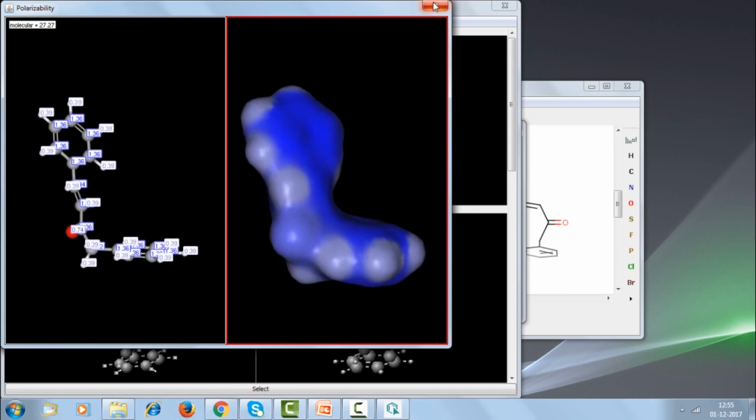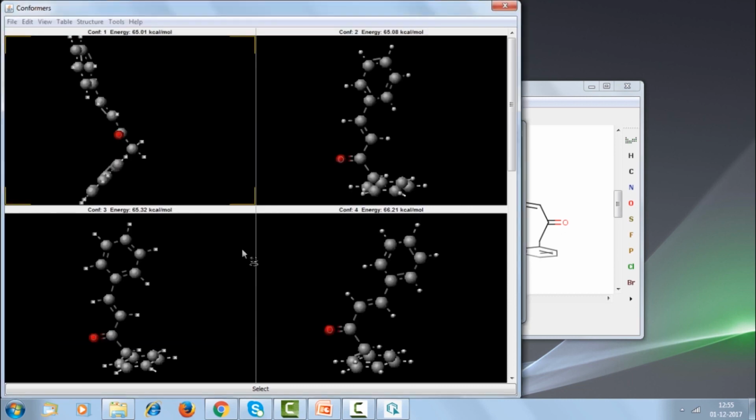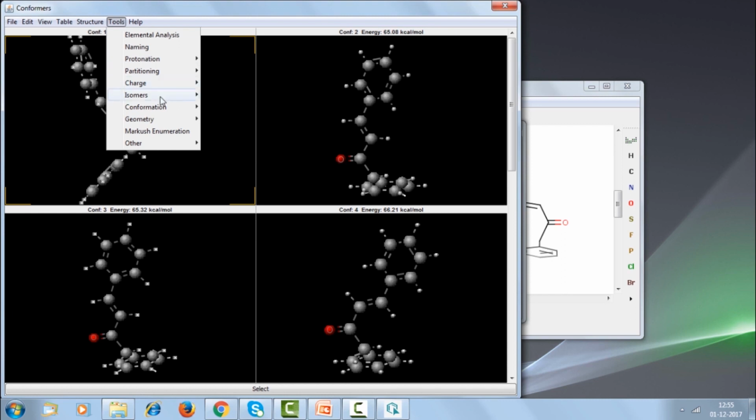Polarizability is a function of charge as well as the volume of the molecule. So many calculations can be done with this particular Marvin software actually. We can also do 3D alignments. If I have many molecules together, we can align them. I will show when we do something called pharmacophore modeling. That's later on actually.